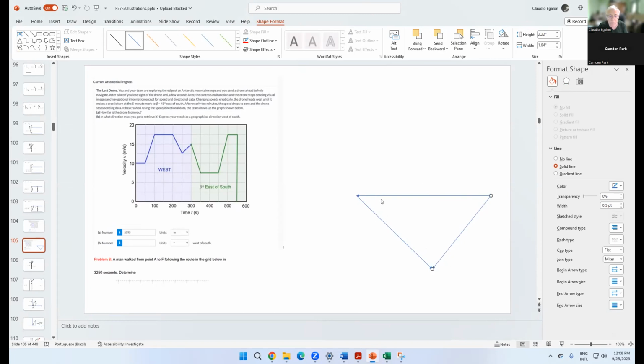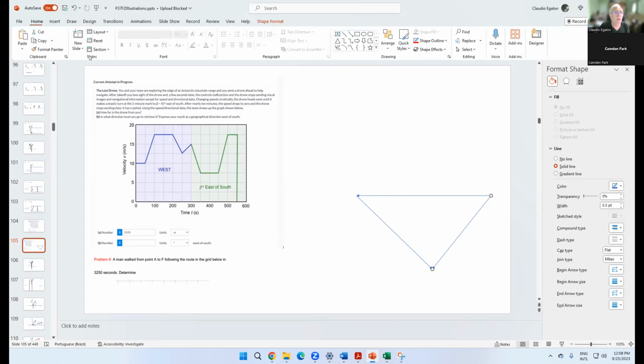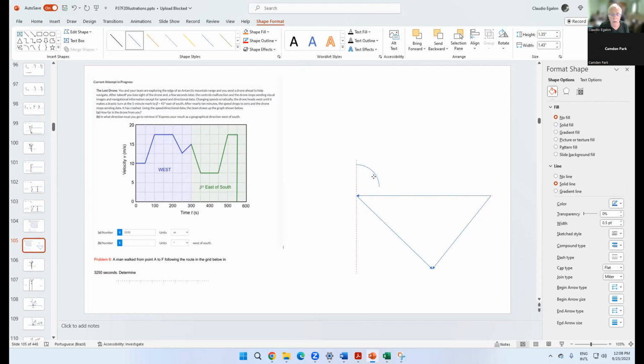This angle here is how much? I think that's 45. That's right, so you put 45 degrees there.